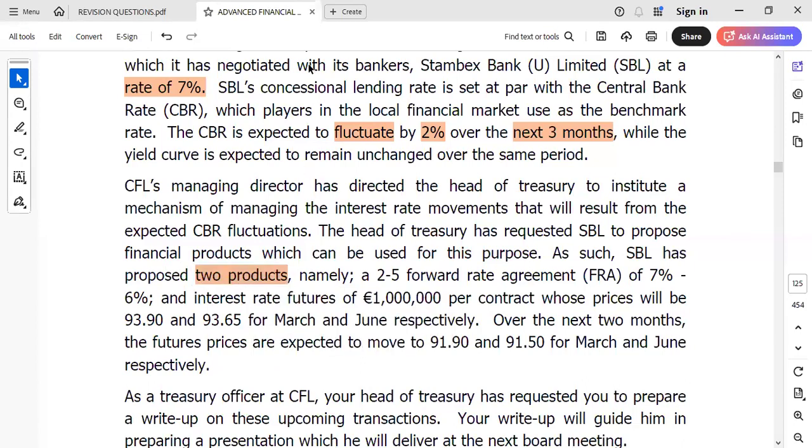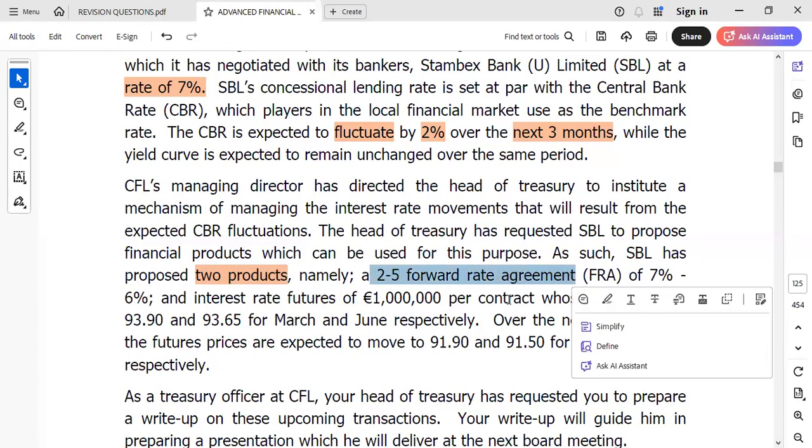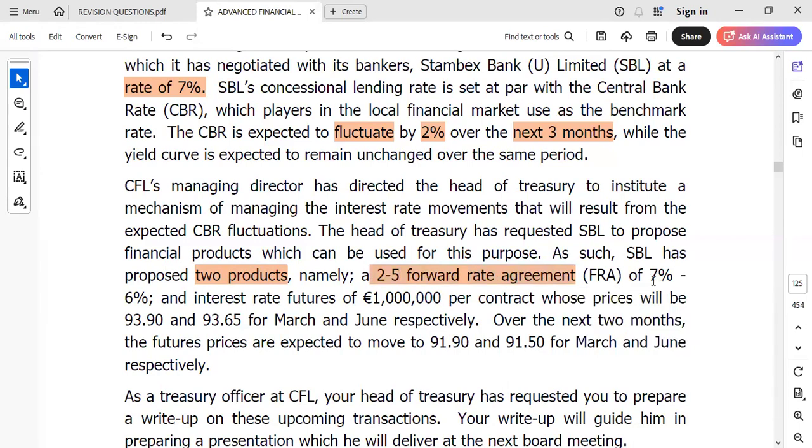Here now you're negotiating with the bank. One, we have a 2 to 5 forward rate agreement, which is given at 7% to 6%.